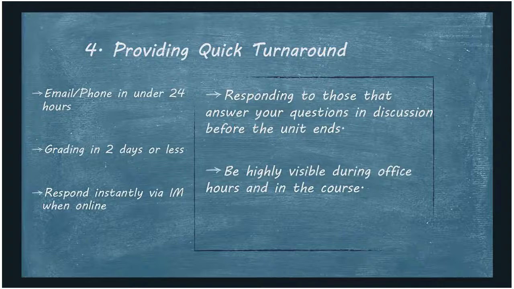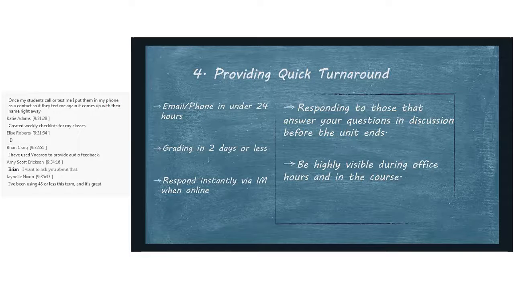The reason we have that in place is in part because it's proven that the quicker you can get grades back to them, the more likely they will stay in your class. And then, of course, as I'm sure all of you do, respond instantly on IM. Be highly visible, respond to questions, and try to be as active as you can in making sure students' needs are met.